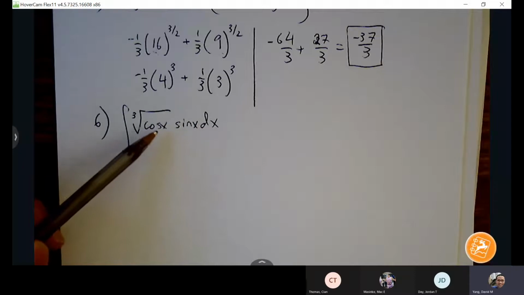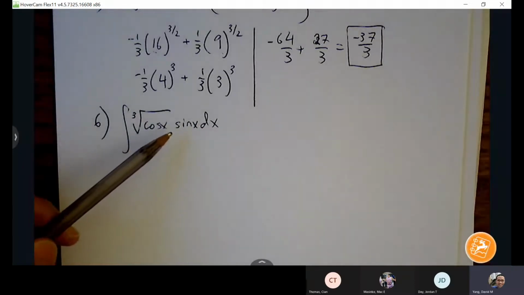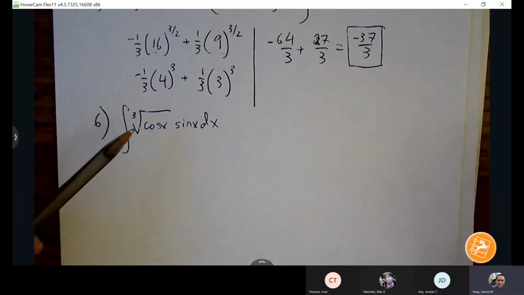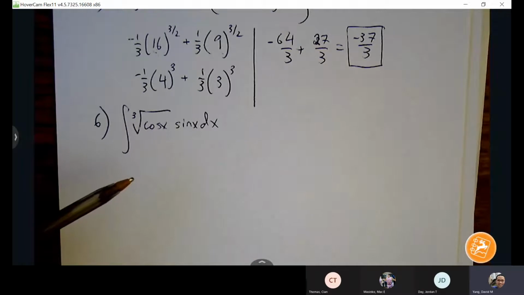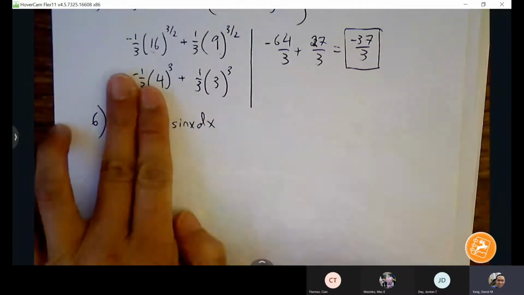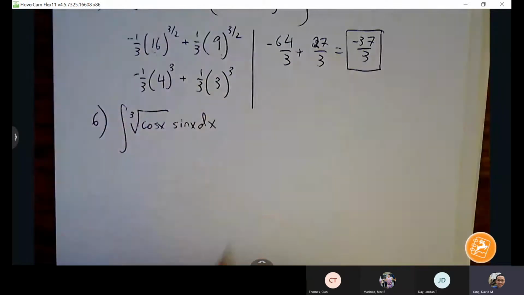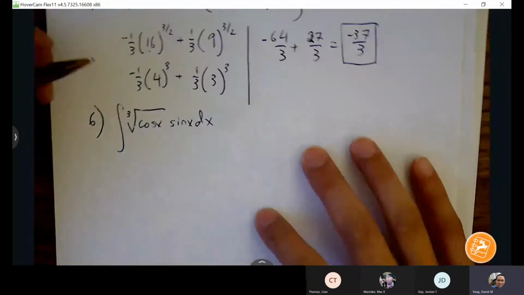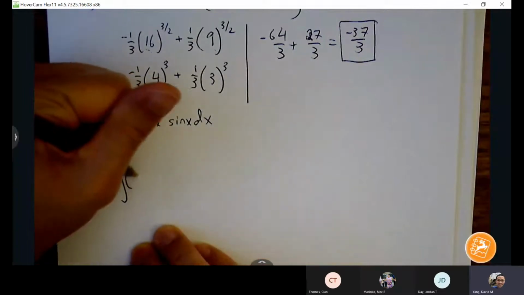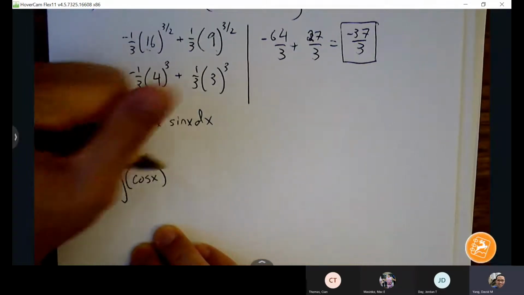We can't pick and choose different rules if things are being multiplied. We don't have a rule that can handle this. So we have to use U-substitution, because we can't pick and choose and say, I have a rule for sine, I got a rule for cosine, and then just move forward. So U-substitution, because this problem is too complex for any one rule to handle.